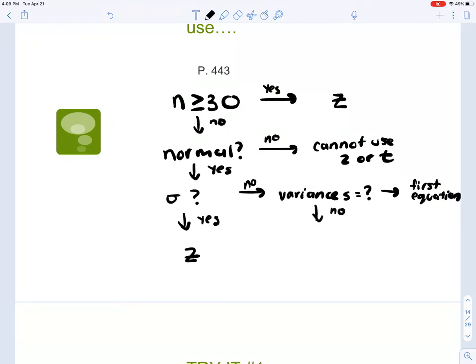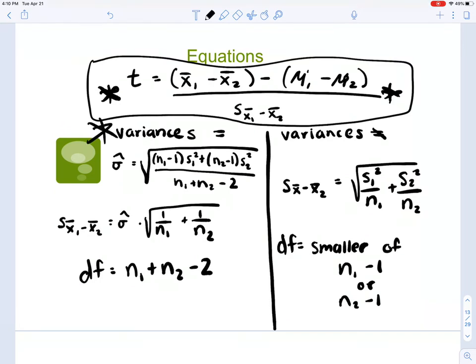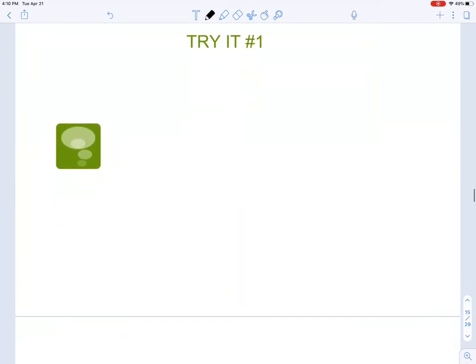If the answer is no, you're going to plug it into the second set of equations we had on the right side, which we won't write those down again, but these would be the first and these would be the second. So let's try one of each, one where they're equal and one where they are not equal.